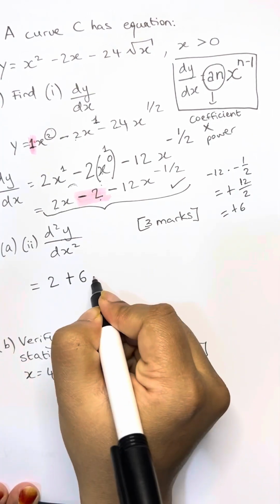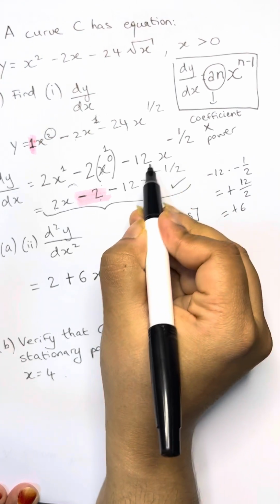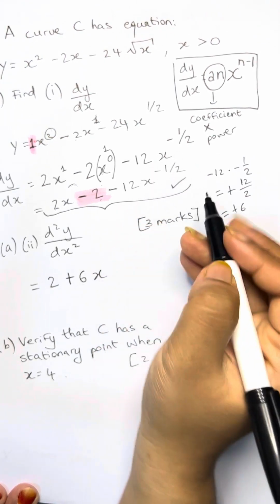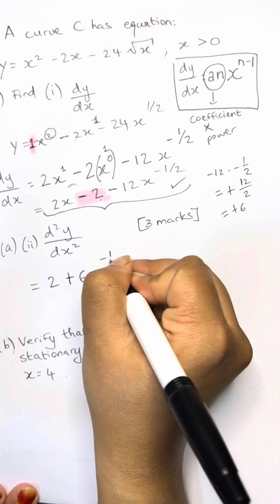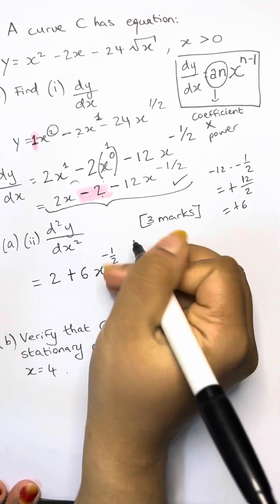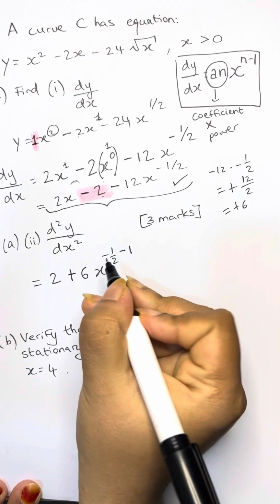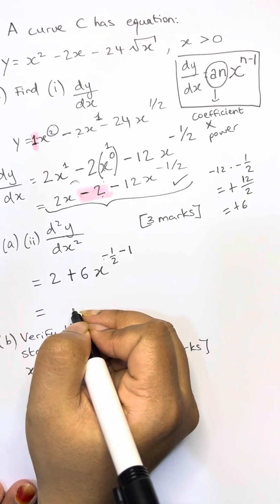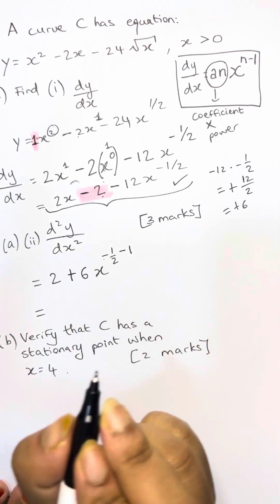So plus 6. X, this time the x has a power, right? So minus a half. Mind you that the next step is always to take away by 1. So minus a half, take away 1, that's going to give me minus 3 over 2.